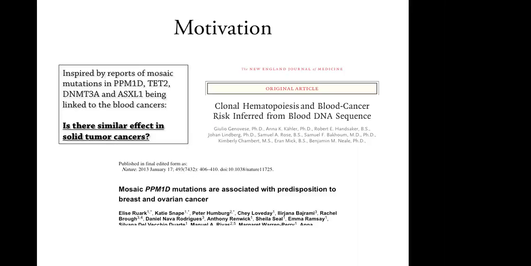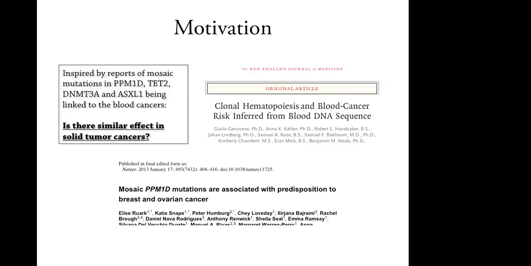Interestingly, it's not completely clear for DNMT3A, but all of them have a certain role in tumor suppression. So PPM1D and ASXL1 are important members in the complexes and interactions with BRCA1 and BAP1 respectively, which are known cancer genes.